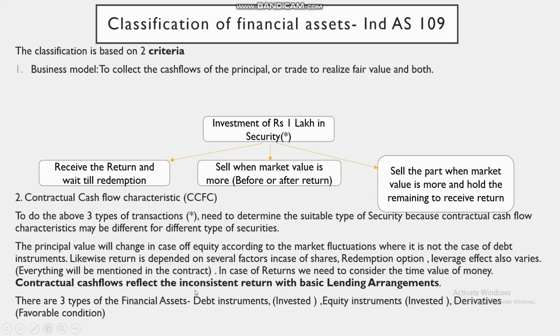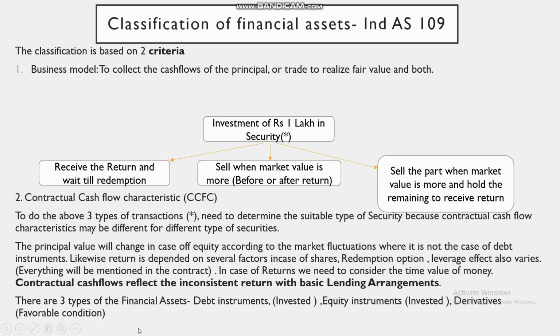If you are investing in any of the instruments, that means you are lending, you are providing debt to the borrower, correct? So in the lending arrangement or the contract, if the return is directly related, then it is called a consistent return. This is the main condition of the CCFC.